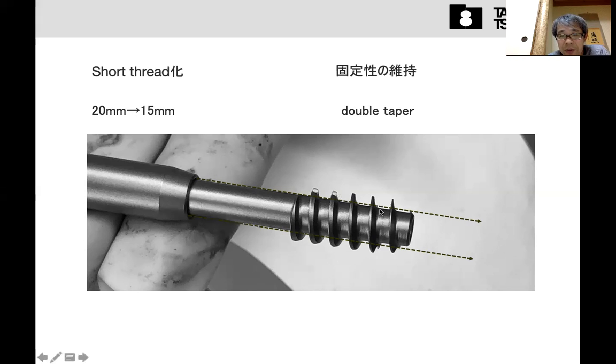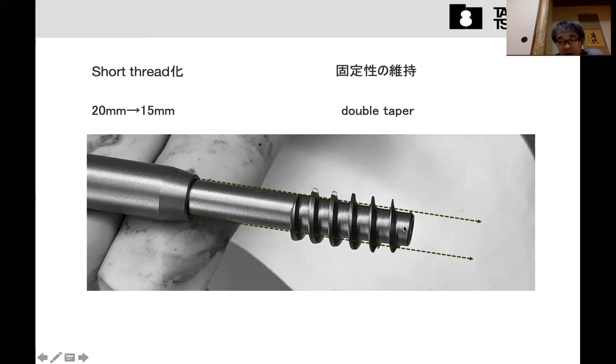This step variable width screw can increase the bone strength or fixation strength. In addition, the stem of the screw is tapering.